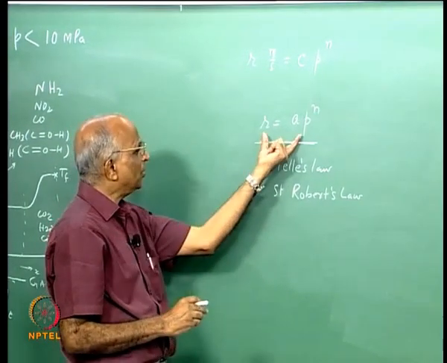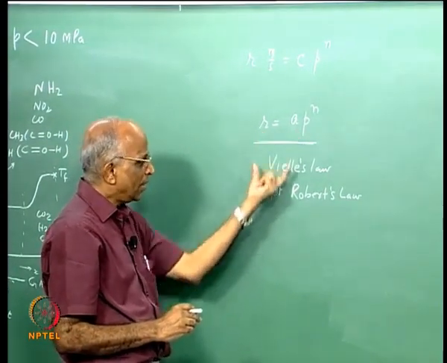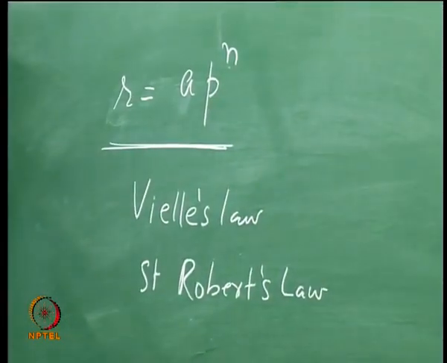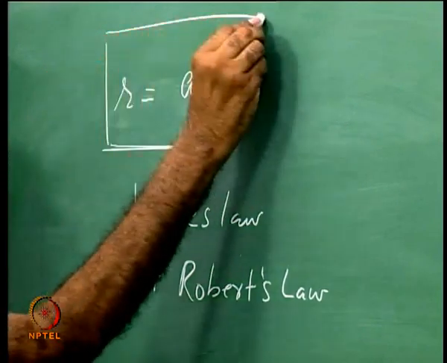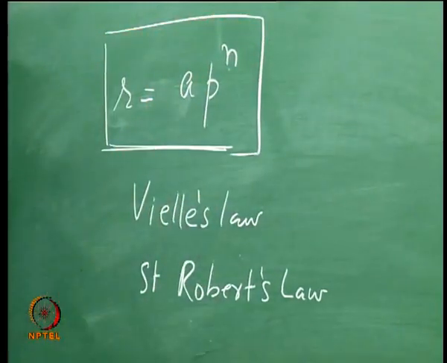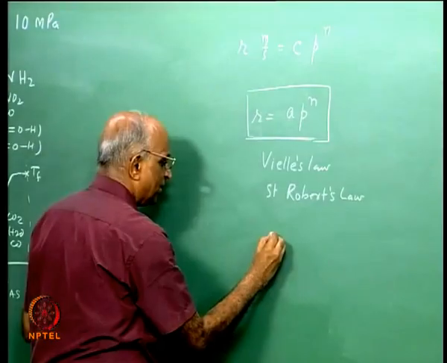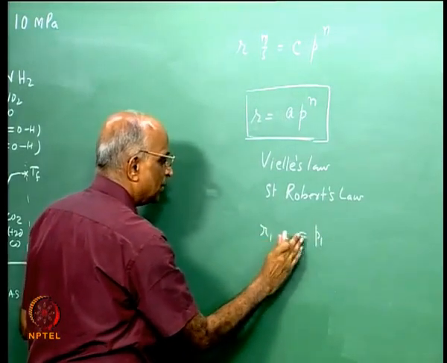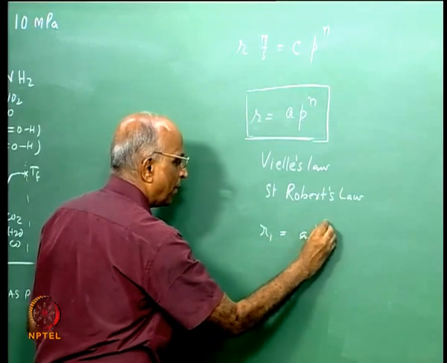It becomes much easier to use a law like this rather than keep trying to solve this equation, which is a little bit more difficult. And in practice we use this, and how do we determine the value of n? We do an experiment. We say, well, at pressure P1 the burn rate r1 is equal to A P1 to the power n.